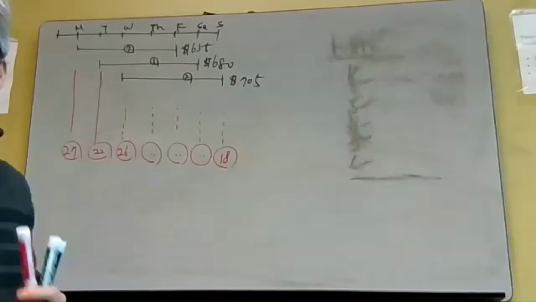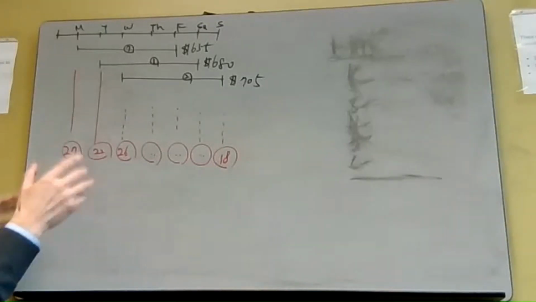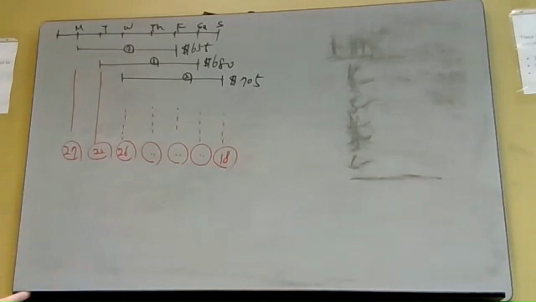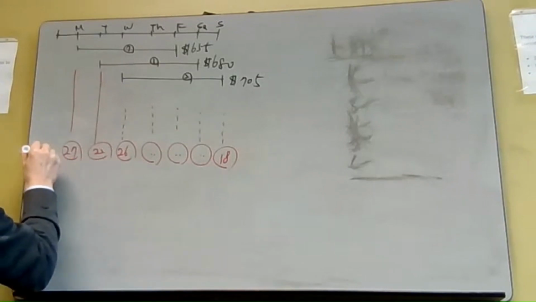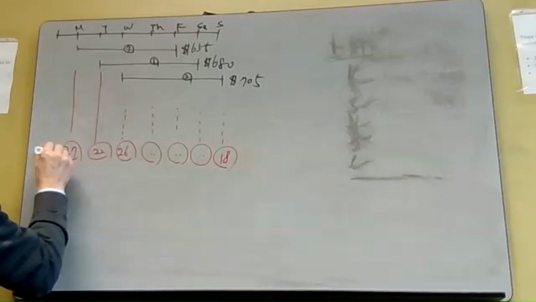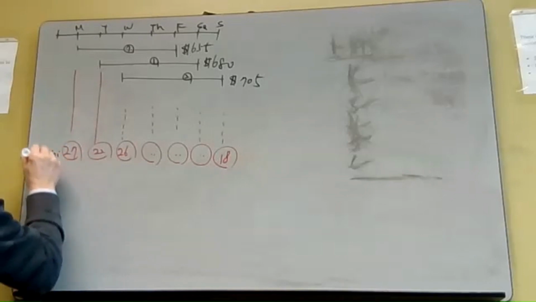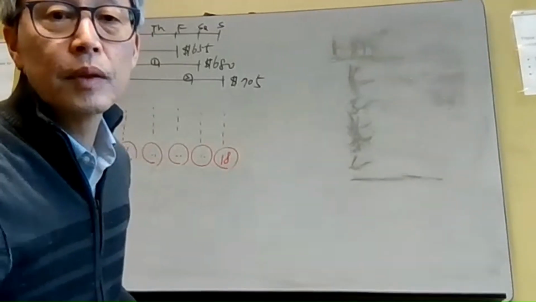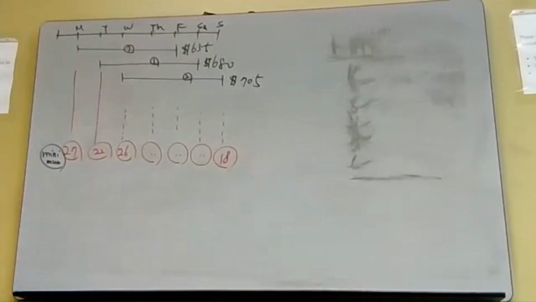All right, thank you. Now just be careful with this diagram to understand the work schedule. This is the minimum number of workers. So decision variables will be the number of workers assigned to shift 1.